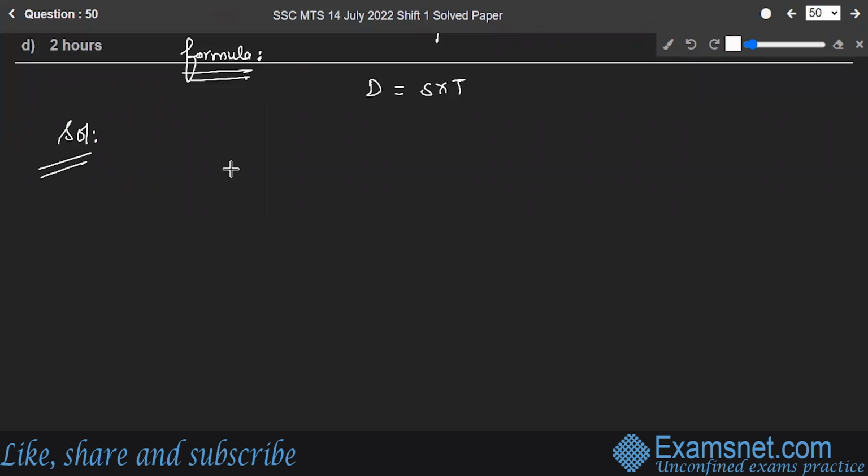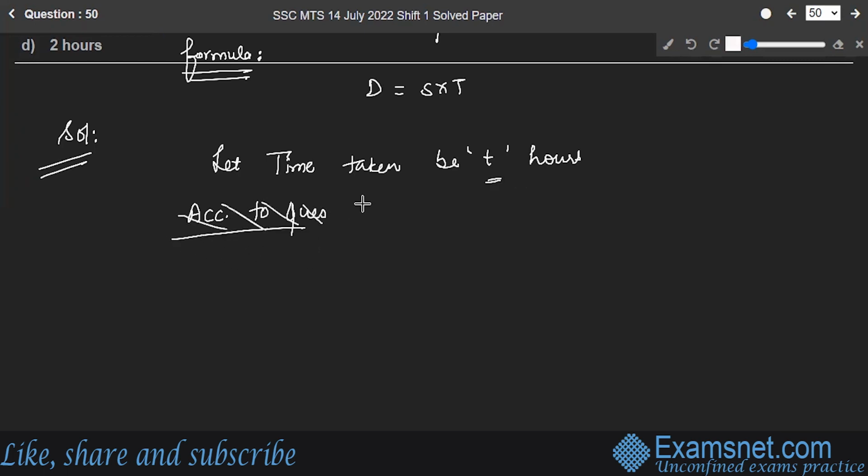First thing, let the time taken be t hours, right? This t is the time taken when they are 10.5 kilometers apart.